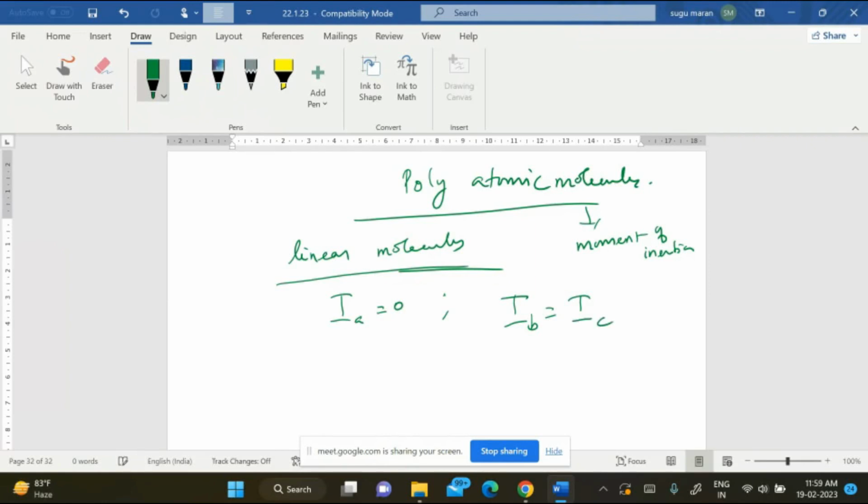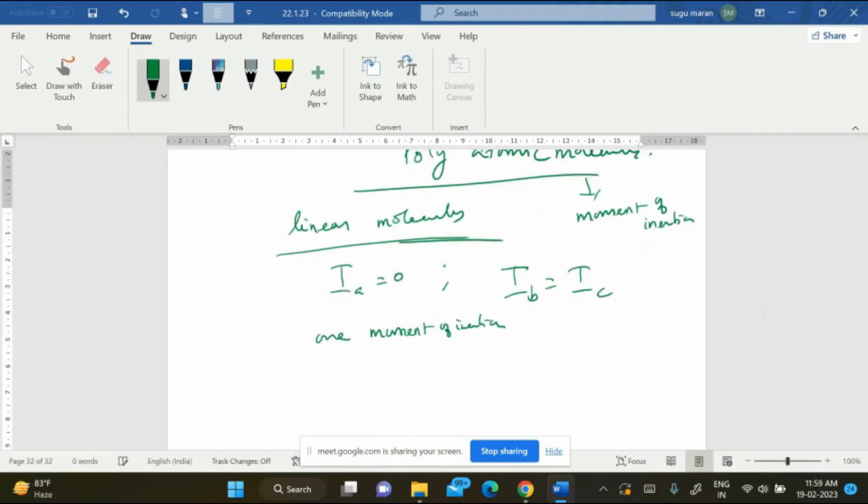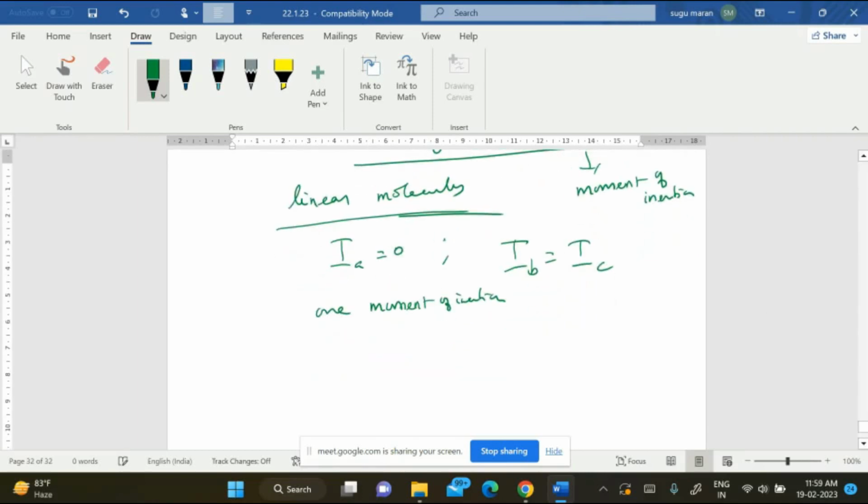Therefore you will have only one moment of inertia for this molecule. This molecule obeys delta J equal to plus or minus 1. This is a selection rule. Generally, your diatomic molecule is an example of this type of molecule.